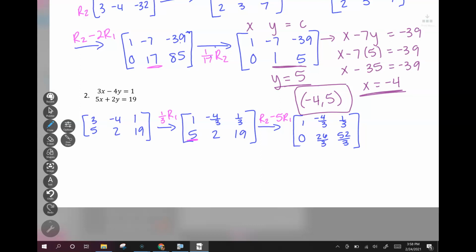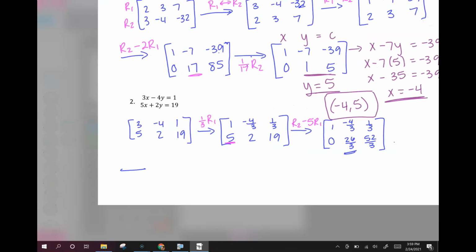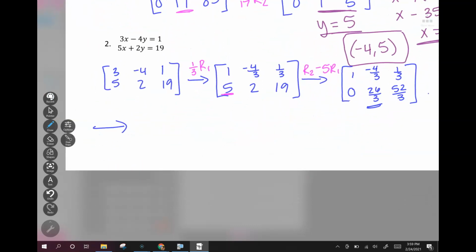All right, now that I have a 1 and a 0 in the first column, I need to get a 1 right here in row 2, column 2. So always to make a fraction become 1, multiply by the reciprocal. So I'm going to multiply row 2 by 3/26. 3/26 times row 2.